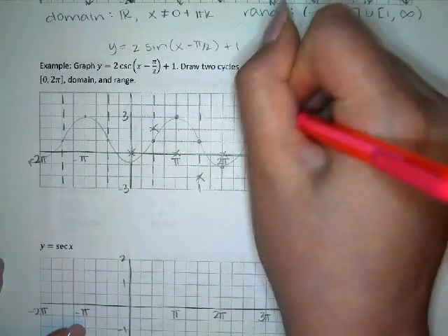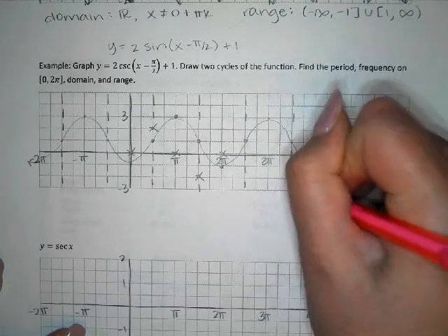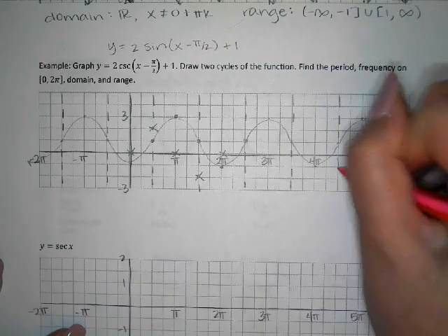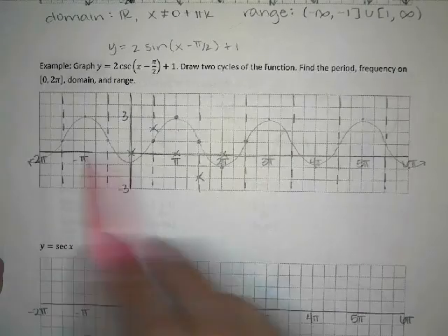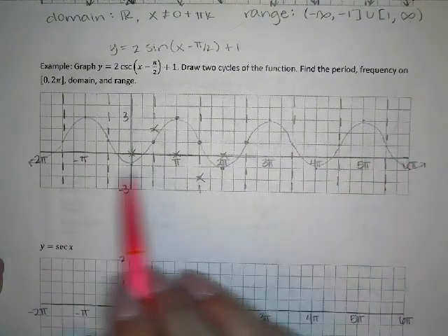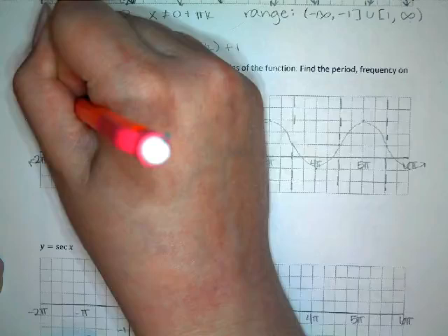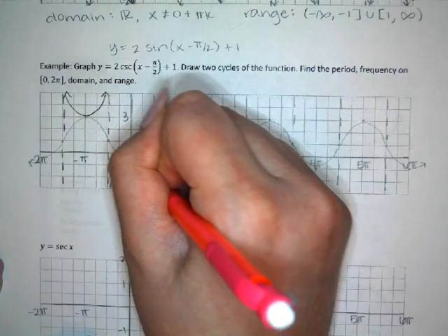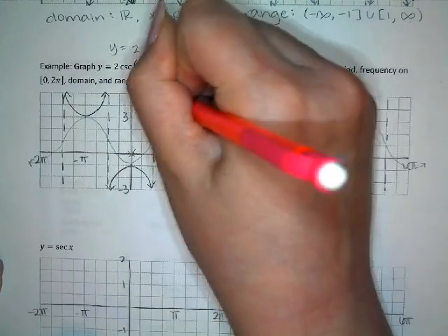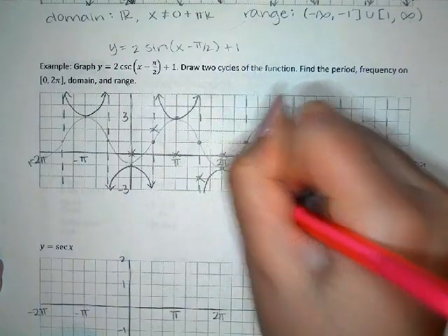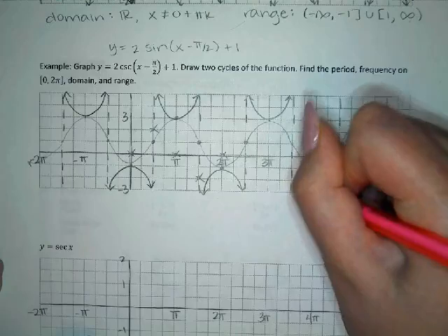Okay, and then once I have all my vertical asymptotes, I'm going to go through and put the bowls in. Okay, so there's the cosecant graph.